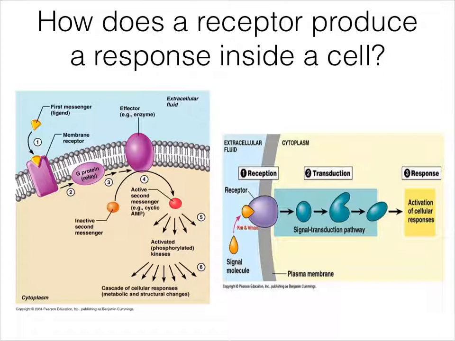That means that at every stage of this relay race, where the signal is being transferred from second messenger to third messenger, on and on down, the signal gets amplified many times. That's how one or relatively few ligands binding to a cell can produce such a dramatic and fast response inside of the cell, because of this signal amplification.